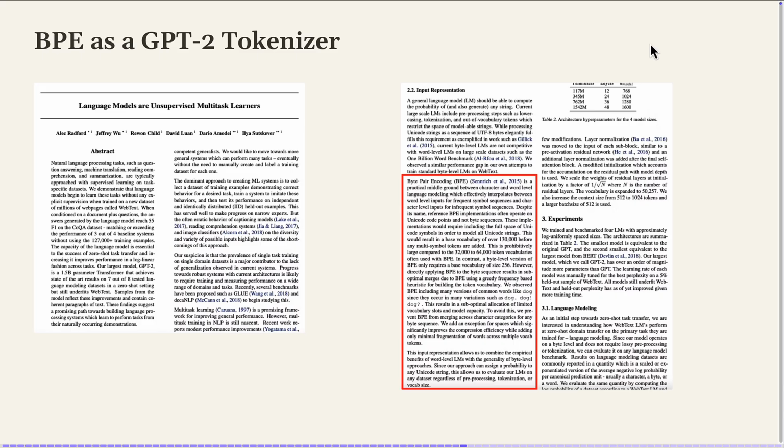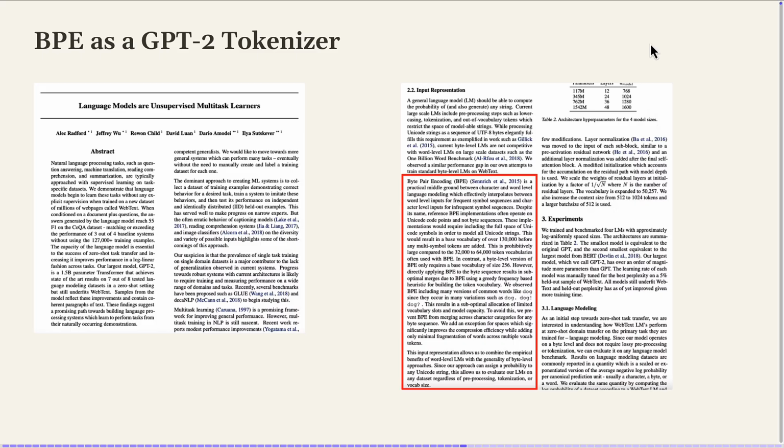However, applying BPE in the same way that I presented before to byte sequences results in suboptimal merges, due to BPE using a greedy frequency-based heuristic for building the token vocabulary. And this is the point we were discussing before: there are optimization techniques when we want to use BPE in some specific circumstances, like for example building LLMs, like here in this case GPT-2.